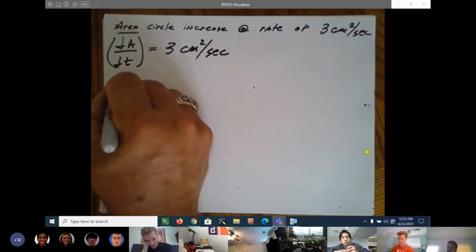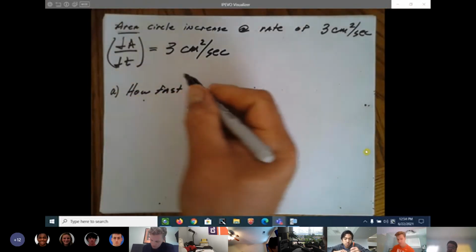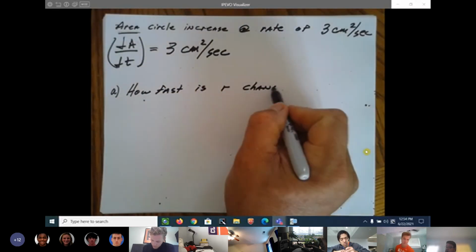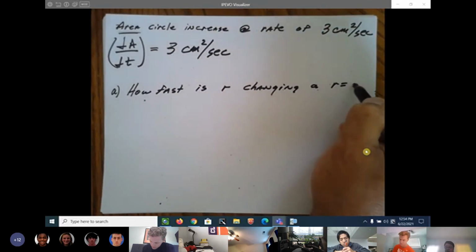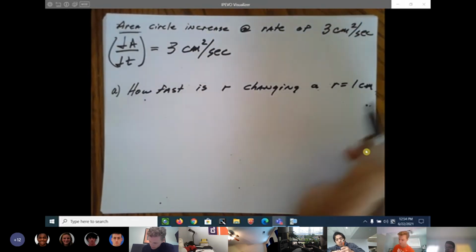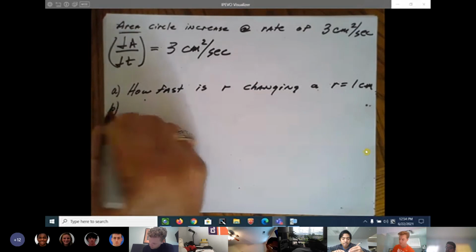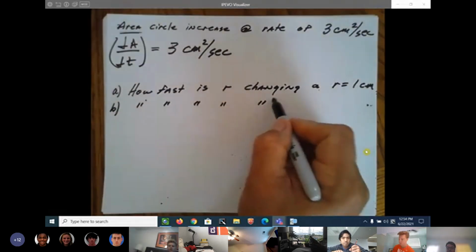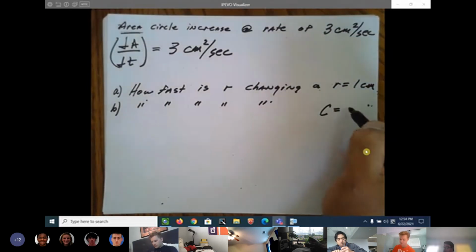A, how fast is the radius changing at r equals 1 centimeter? B, how fast is the radius changing when the circumference is equal to 1 centimeter?